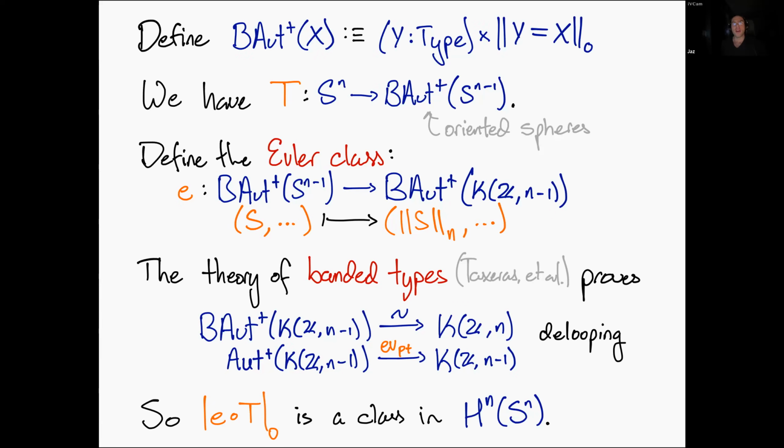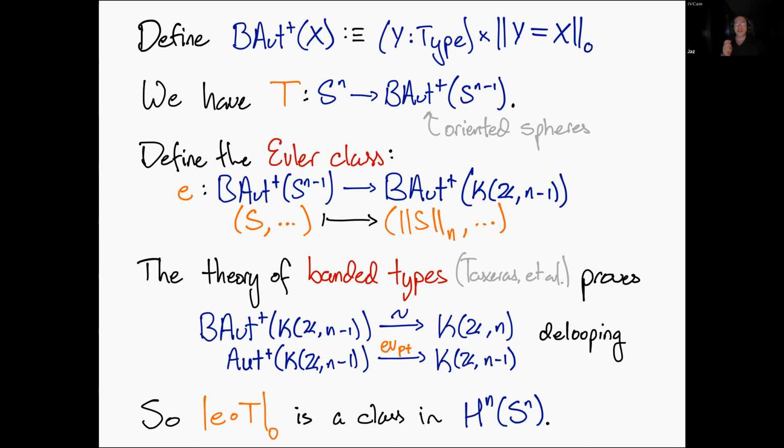So in particular, we have two important uses for this, but one of them is if we plug in S^(n-1) or S^n for X, then this becomes the type of oriented spheres. Because if you do have an element of this set of equivalences with the sphere, then you are merely a sphere, some kind of sphere.